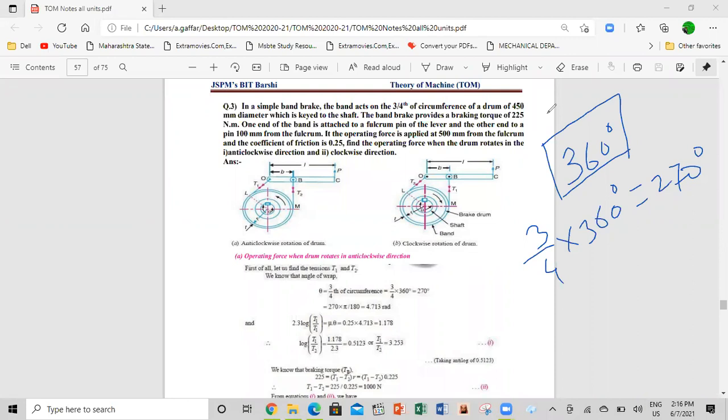The meaning of 3/4 of the circumference is nothing but 270 degrees, the angle of band contact with the brake. This is theta, 270 degrees. Then a drum of 450 mm diameter means D is equal to 450 mm.